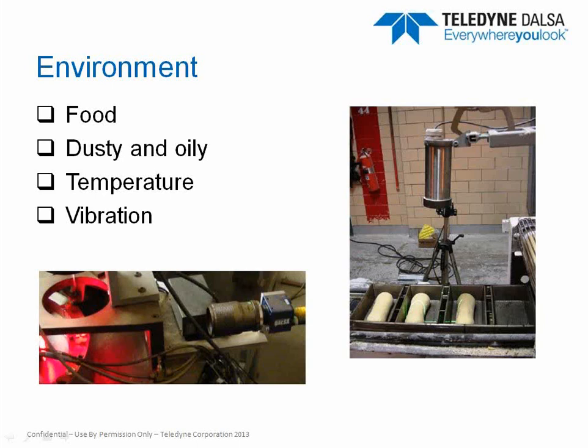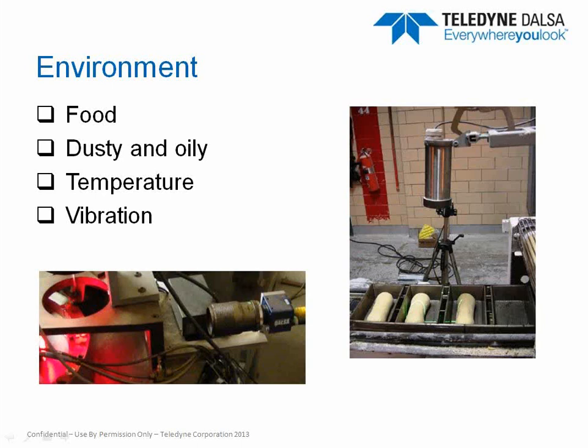Example of the picture on the left, dusty environments. One of the things you want to do is you want to protect the camera and the lens from getting a lot of dirt, a lot of splatter, because if your image quality starts degrading, then you're not going to have good, reliable results.